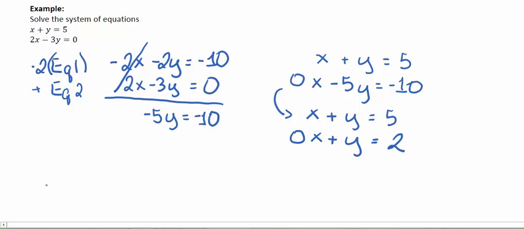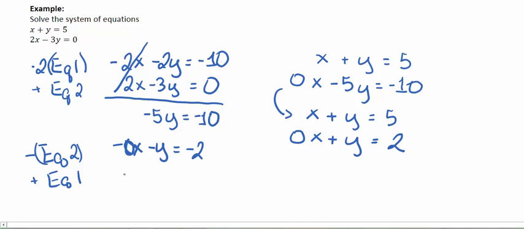I'm going to do a negative times the second equation. So that's -0x minus y equal to -2. And then I'm going to add that to the first equation, which is x plus y equal to 5.